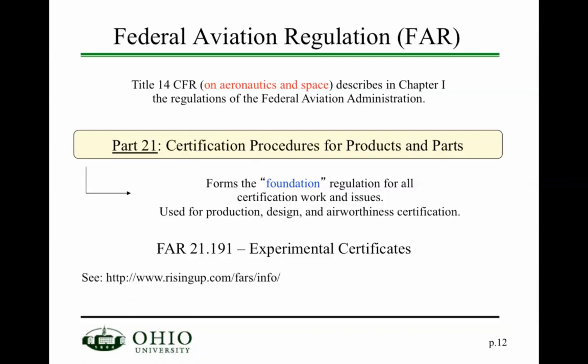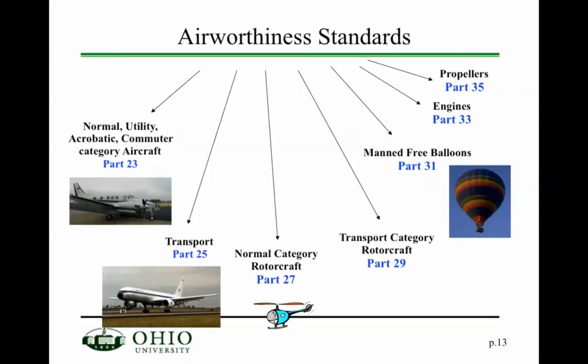And of course, they're legal language, so they're fairly concisely written. Part of this would be, for example, a subsection of Part 21, which is 21.191, which deals with experimental certificates. I just bring this example up because this is what we actually use for some of our aircraft, because as a university they're in experimental mode.